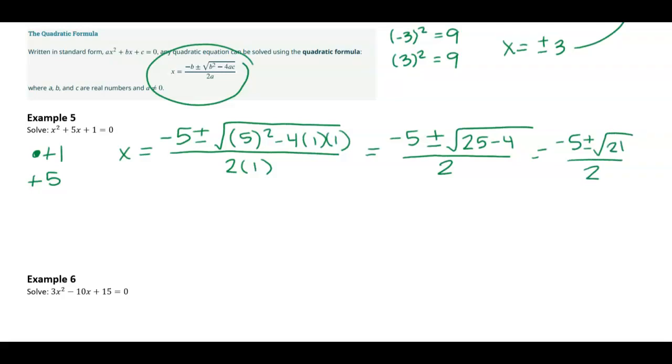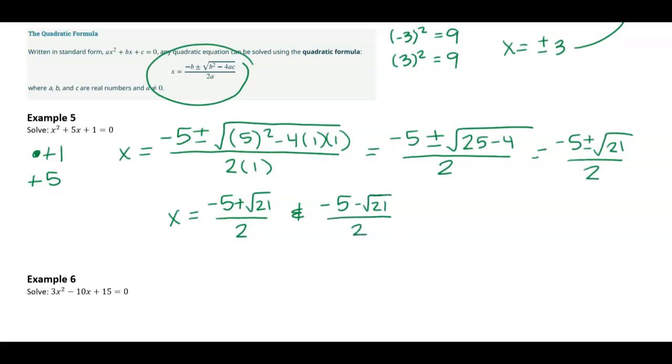Now, the square root of 21 is not a perfect square, and it doesn't even have two factors that are perfect squares. So I'm going to just say that x must be equal to the addition and the subtraction as two separate zeros.